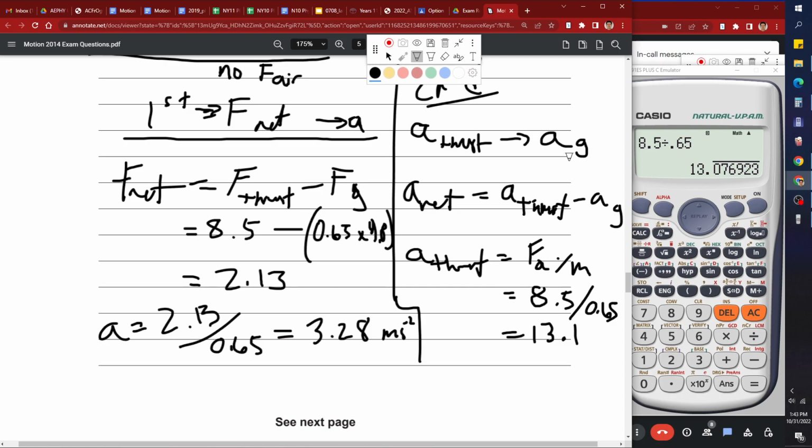Okay, so that's the thrust acceleration. But now, of course, gravity is also pulling down on it. So the net acceleration, as over here, is going to be this 13.1 minus gravity. And that, fortunately, we already know. We don't have to calculate anything. It's 9.8.